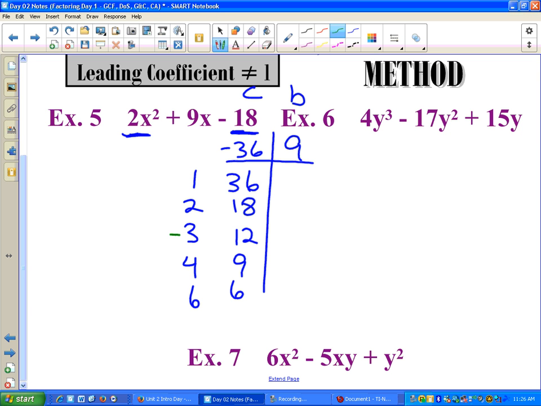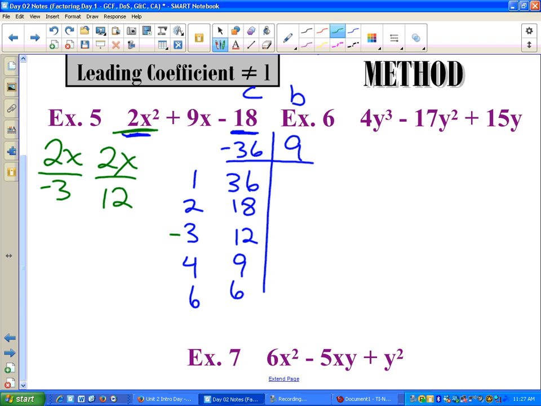But remember, this is the part that's different. I can't go straight to my factors at this point. At this point, what I need to do is take this 2 into account. And so I'm going to put 2x over my first factor and 2x over my second factor.